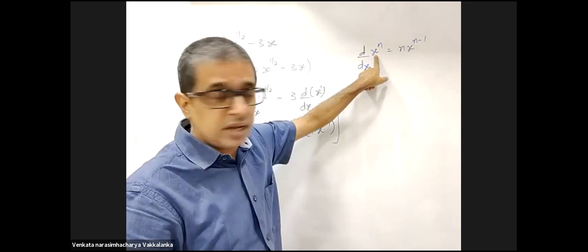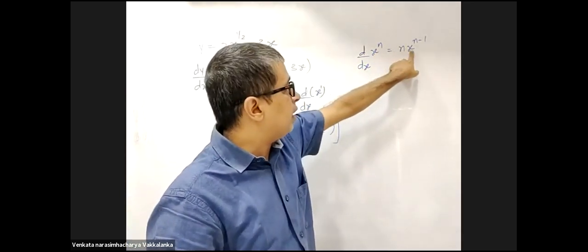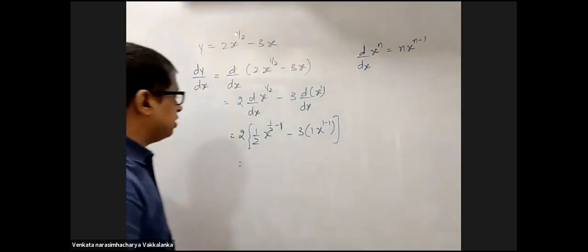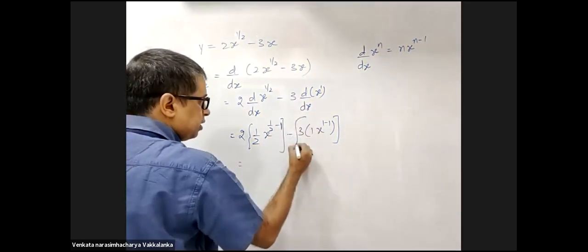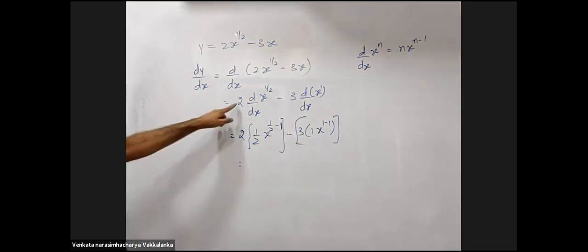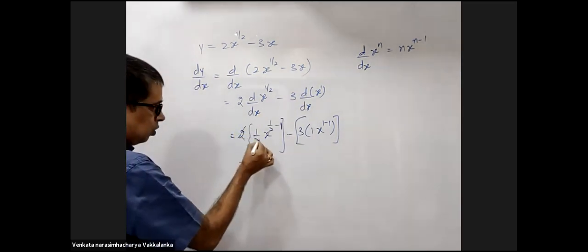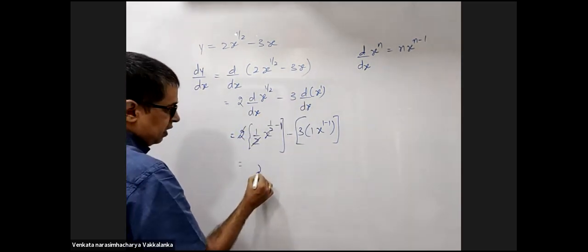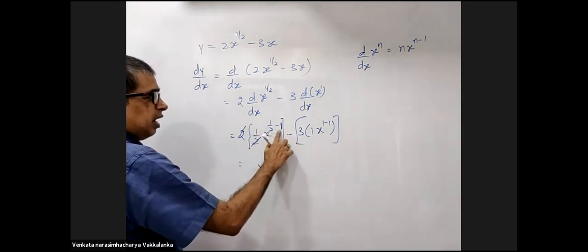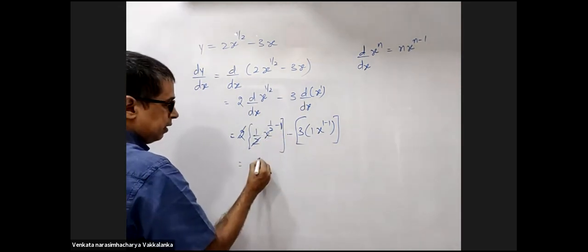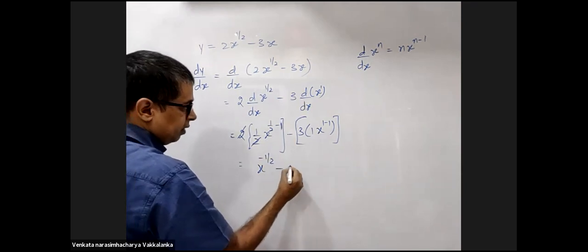d by dx of x to the power n is n x to the power n minus 1. Now the bracket should be separate. 2 is for this, 3 is for this. Now 2 and 2 get cancelled. x to the power half minus 1 is minus half.